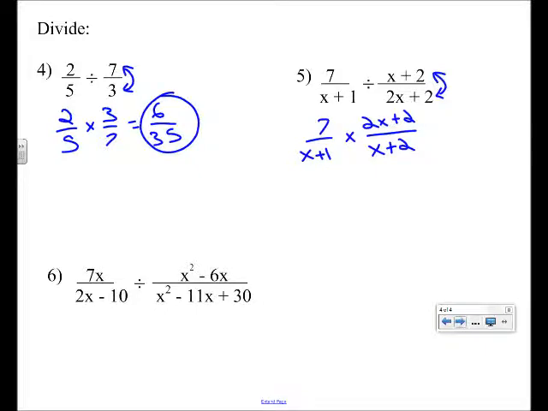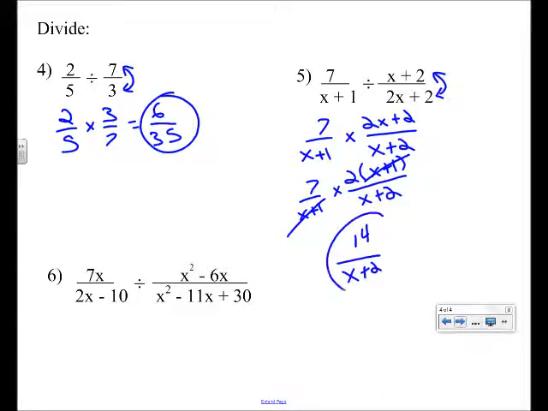Now, we remember to factor, so we'll come down here and we'll have 7 over x plus 1. We can do a little factoring on the top here. We'll pull a 2 out, x plus 1 over x plus 2. And then we can cancel these guys. So 7 times 2 is 14 over x plus 2.